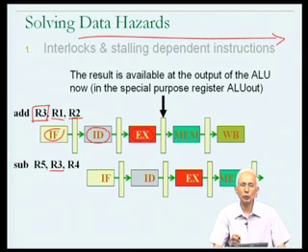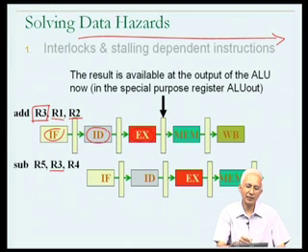has actually been computed. You will remember that the result is the result of adding the contents of register R1 to R2, and that happens in the ALU during the EX stage of the add instruction, and therefore by the end of the EX stage of the add instruction, the value which is going to go into register R3 is known. It is available.